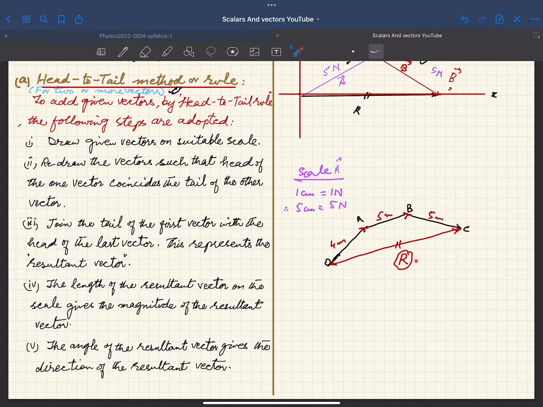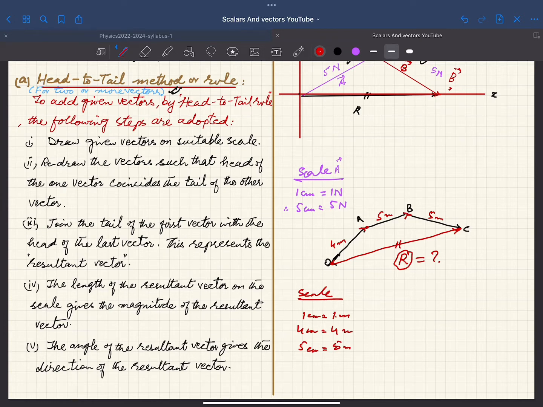So in this way you are getting the resultant vector, and according to the scale you are considering, suppose 1 centimeter is equal to 1 meter, then 4 centimeter equals 4 meter, 5 centimeter equals 5 meter, and then accordingly you will get the magnitude of the resultant, and of course the direction.